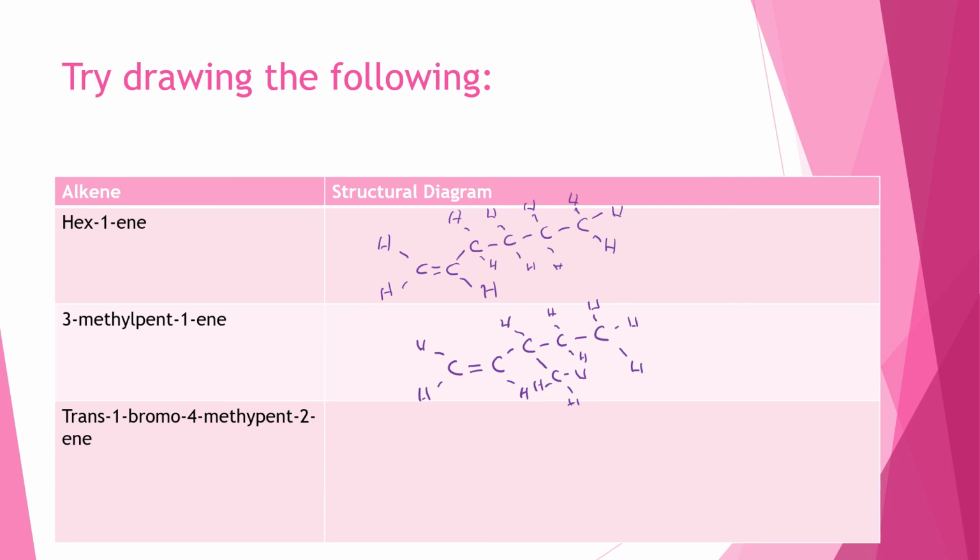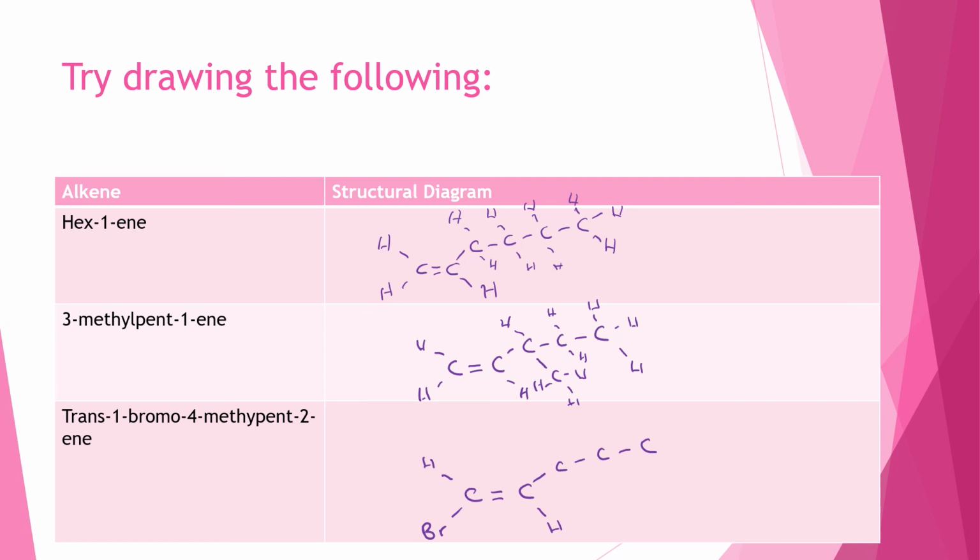Next one, trans-1-bromo-4-methyl pent-2-ene. So put your double bond in. It's a trans. So this means it's going to go across the double bond. And I'm going to put the 2 things that'll go across, which will be the hydrogens. I'm going to have a bromo on carbon number 1. 1, 2, 3, 4, 5.